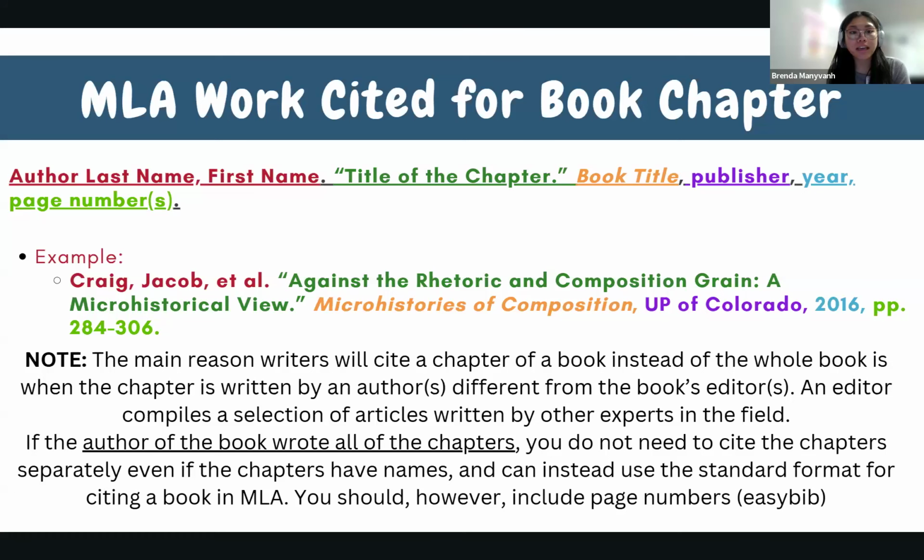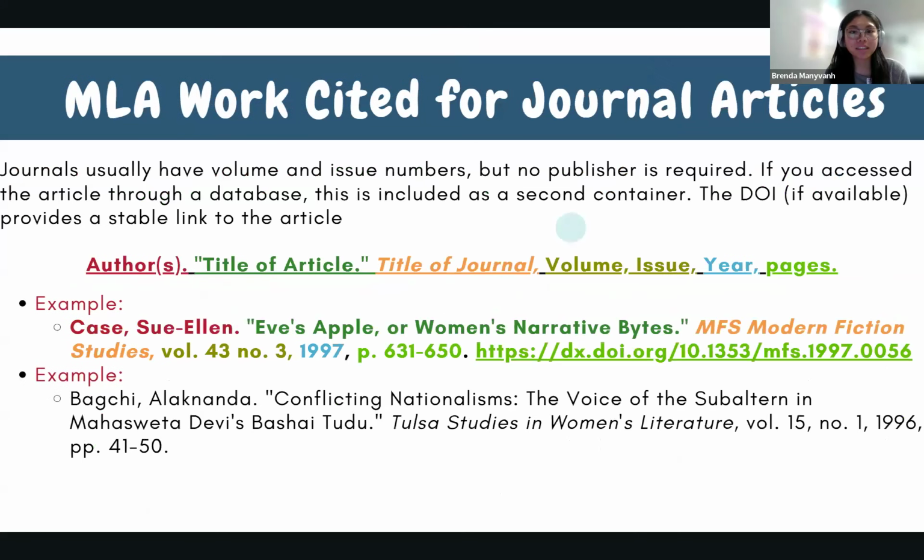So that's when you will cite the book by the chapter. But if the book is written by one author completely, then you only have to use the book citation. You don't have to cite it by chapter specifically. All right. Next slide, please.